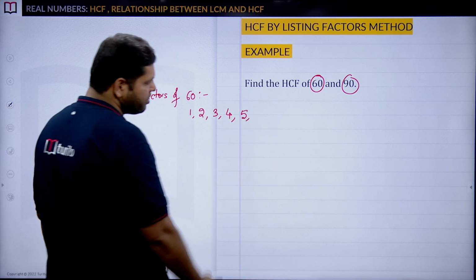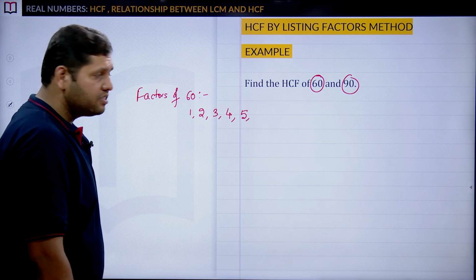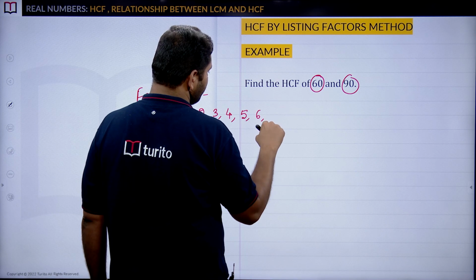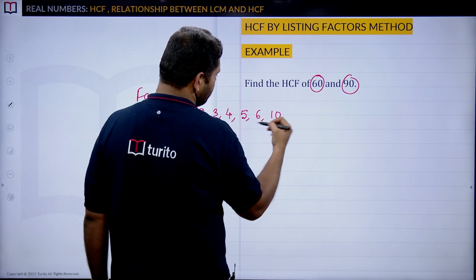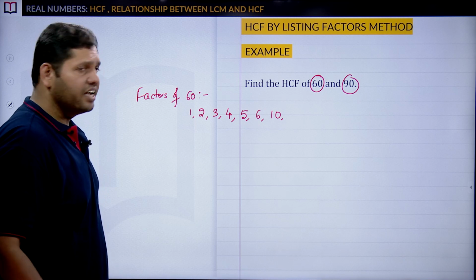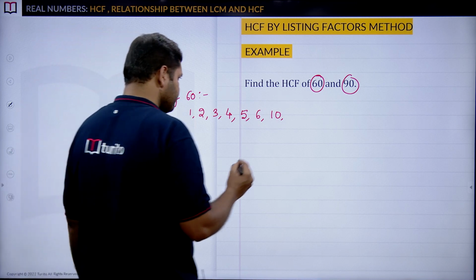Can I say 5 also a factor, isn't it? 5 also divides 60. Then 6 also a factor. 7, 8, 9, no. 10 also a factor. 11, no children, not possible. Can I take 12? Yes, 12 is also a factor.